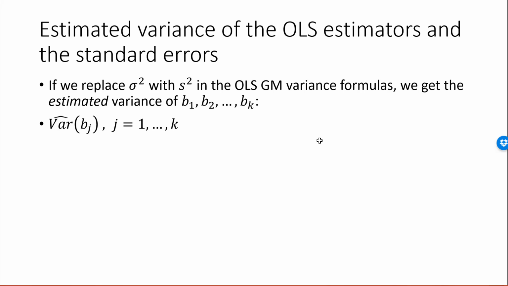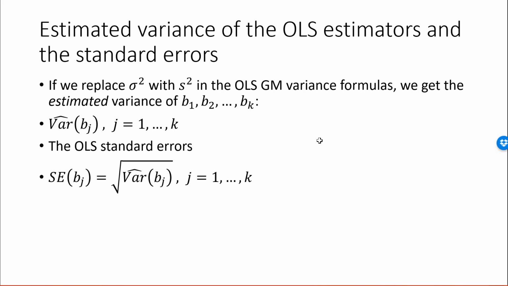And these are denoted by var of bj with a little hat on top of var to just signal that they are actually not the true variances but estimated ones. Taking the square root of these ones will give us the OLS standard errors, and they are denoted by SE of bj. So the square root of the estimated variance.